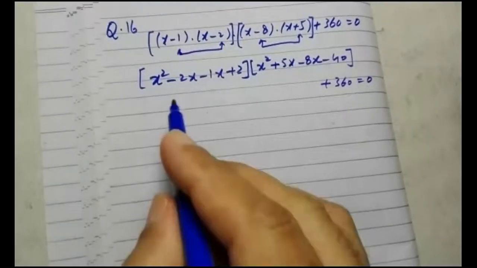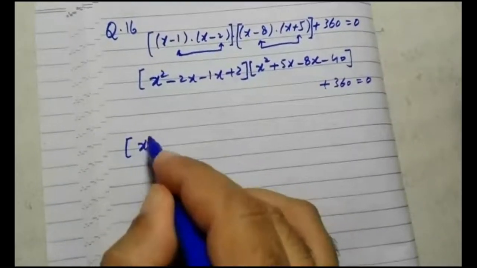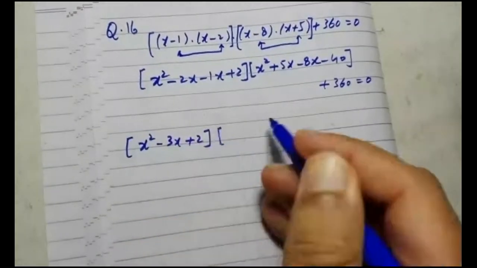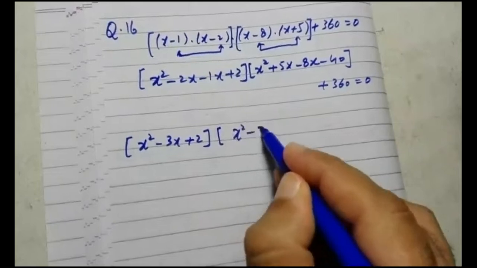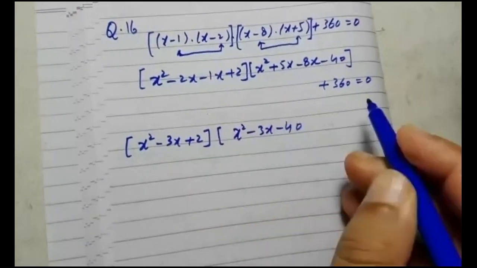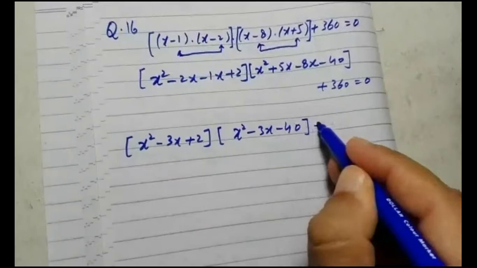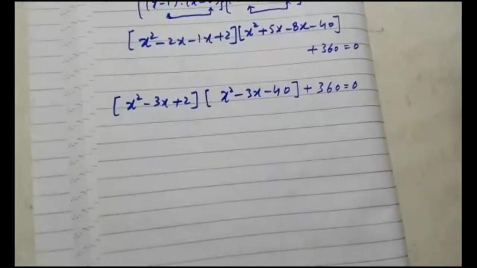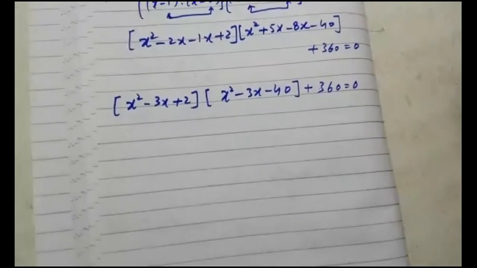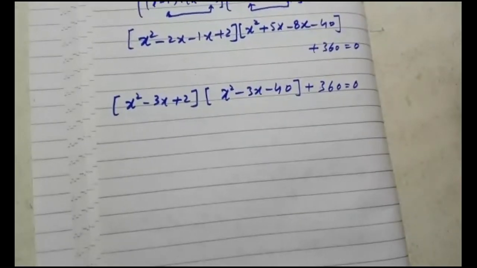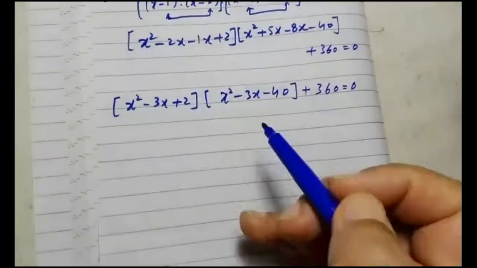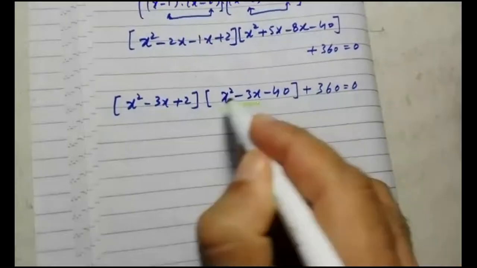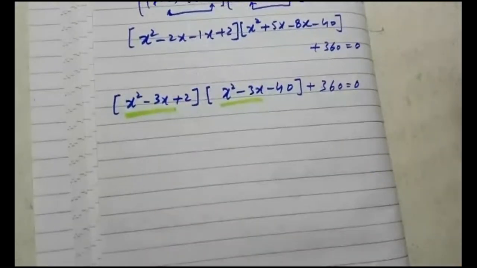Once you simplify these expressions, you will notice that the first two terms become identical in both brackets. So x square minus 3x plus 2 and x square minus 3x minus 40, plus 360 equals 0. You will notice that these are identical terms in both the brackets.